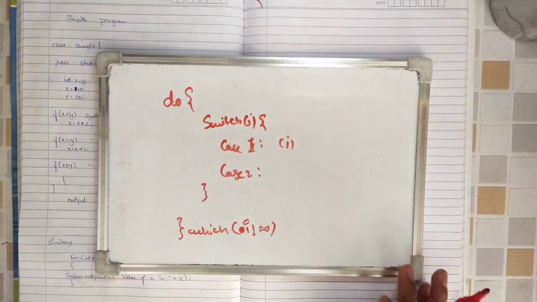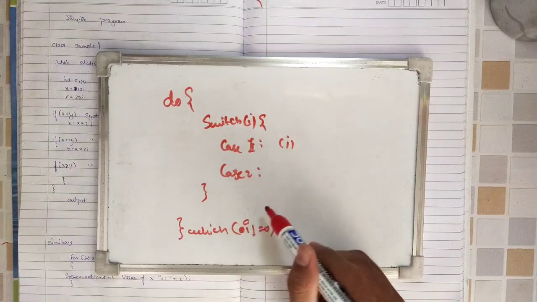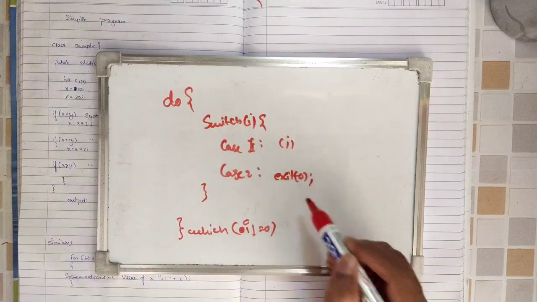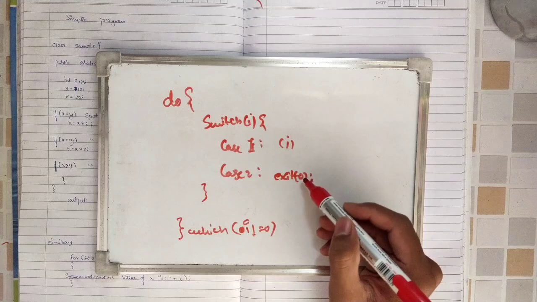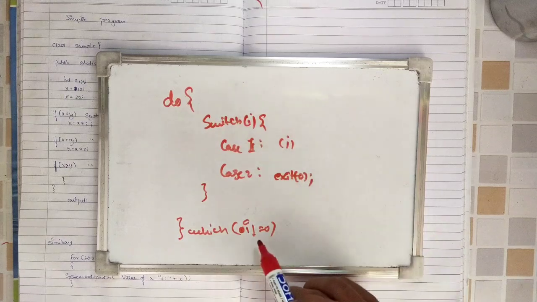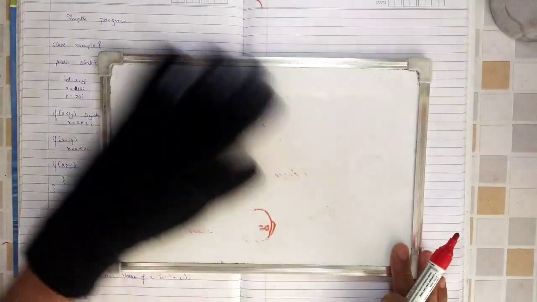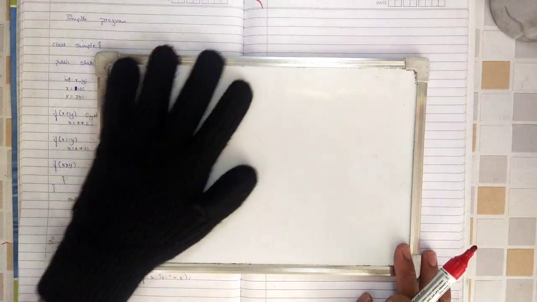Until my i is not equal to 0, this will be printed. At the end, some case will be written like exit 0, so this will break out of the loop. So I can use my do while loop, where first my printf statements are executed, then my condition is checked.